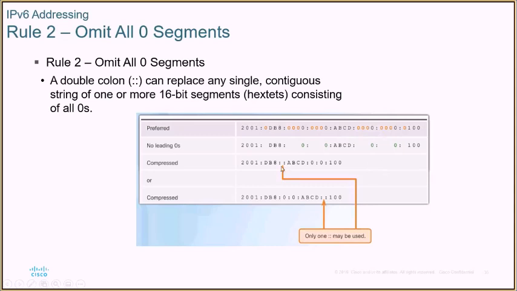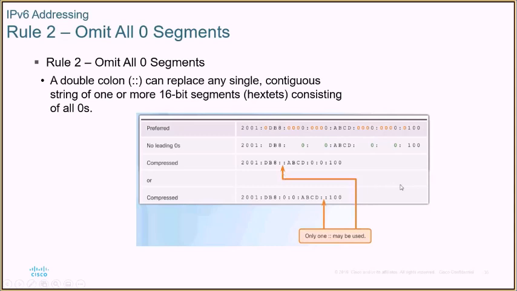But you can only do it once, because when you use this notation, the computer will fill it from the front, and then it will fill it from the rear, and then the gap it will fill with zeros. If you have 2 of them, how many zeros are going to be put there, and how many if it did it for both that one and that one? The computer's never going to know how many zeros to put in each.